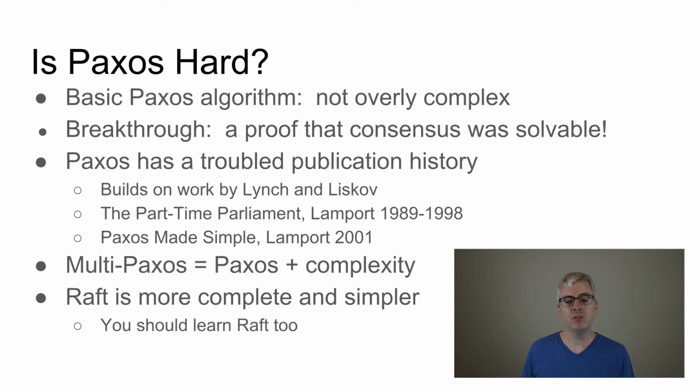And I have to admit, I've read the Paxos Made Simple paper again and again and again, and it is simpler than the original paper, but it is still somewhat confusing to me. And the reason is because the problem the paper is trying to solve is they're trying to show that, hey, look, it's possible to do consensus, and here's how you prove the math.